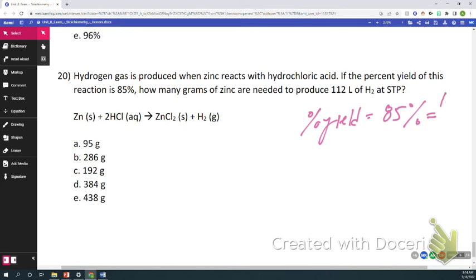If it's only 85% yield and you need to produce 112 liters, that's going to be the actual. You're actually needing a larger theoretical. And they're saying grams though, right? Grams of zinc. At STP.